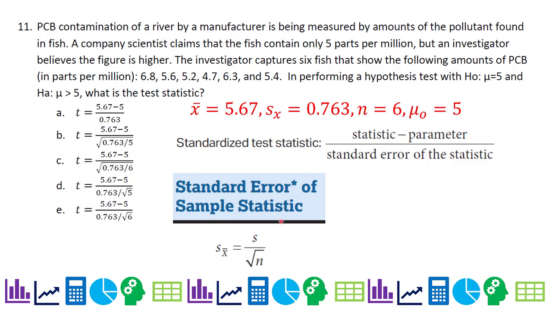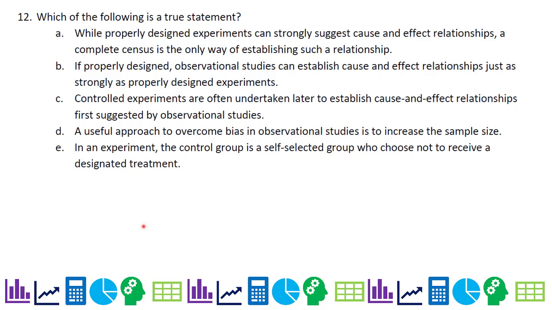We take that number and we divide it by the square root of our sample size. So we can basically fill this all in. X bar is 5.67, mu naught is 5, s is 0.763, and then square root of 6, which is our sample size. So you can see the answer is E, because it's really the denominators you can see that don't match, resulting in E.